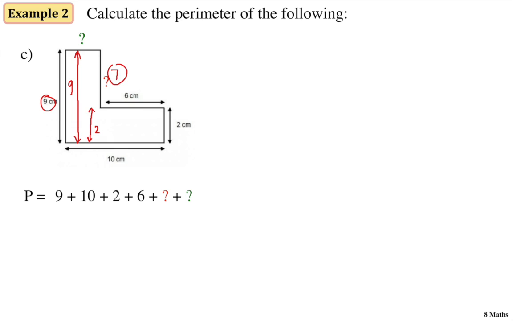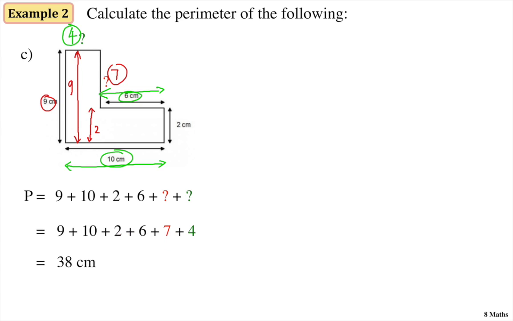And if I go to my green question mark, I know that this distance all the way along the bottom here is 10. I know that this distance is 6. 10 take away 6 is 4. So that distance there is 4. So I can actually go and put my distances in to my perimeter formula, which is just add up all of the sides. I had to figure out what 2 of the sides were, put that into my calculator, and I get 38, so the perimeter is 38 centimetres.